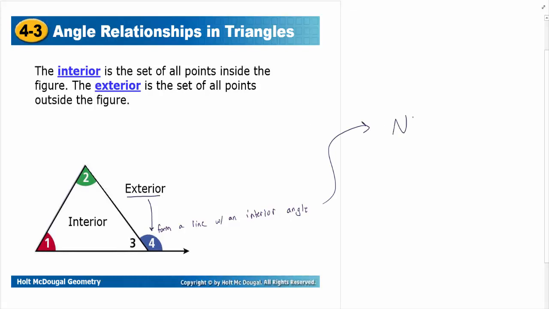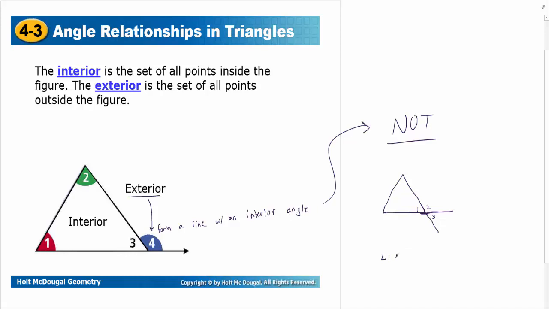Let me give you an example of what is not an exterior angle. So if I had a triangle and we did this, so I extended both these sides, and I had 1, 2, and 3.